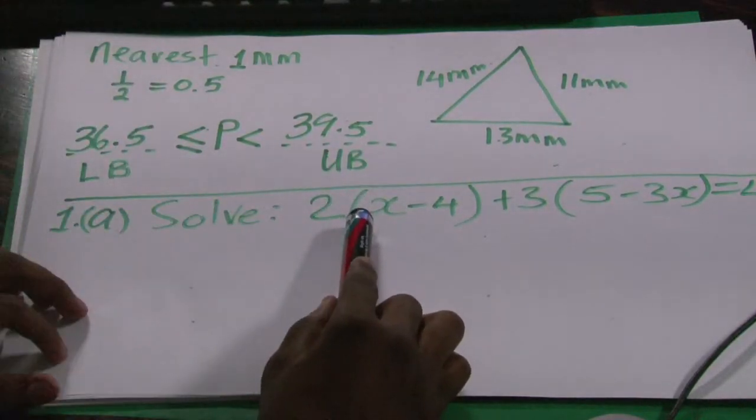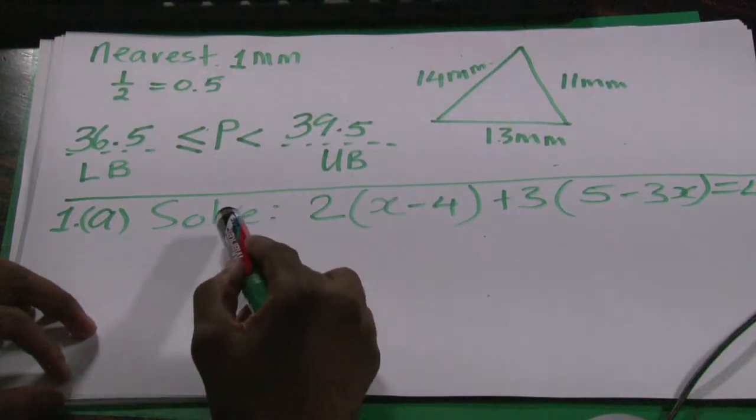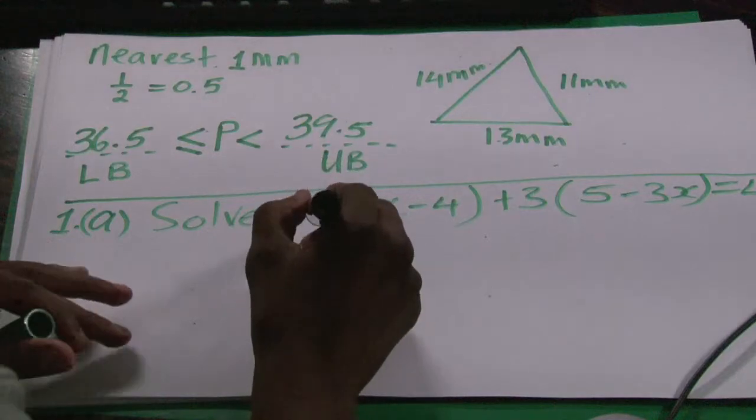You have brackets. You will need to remove them before you find the value of x, because solving means finding the value of x. So first you have to expand.